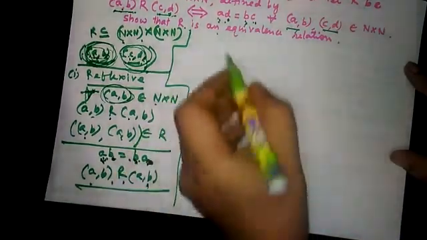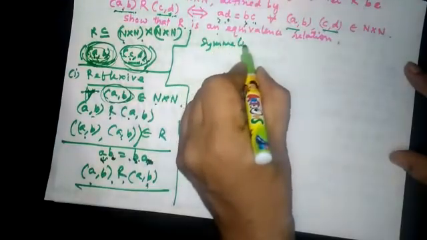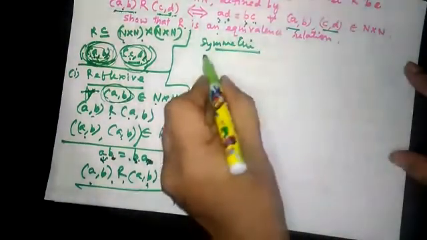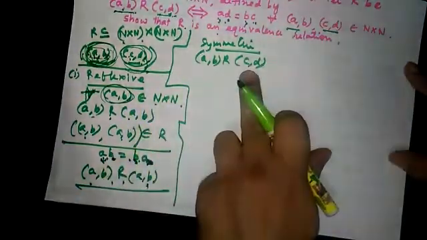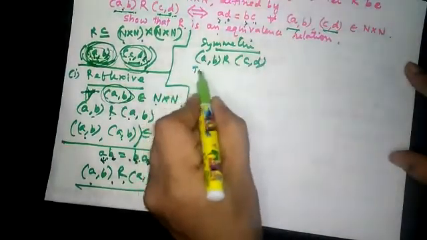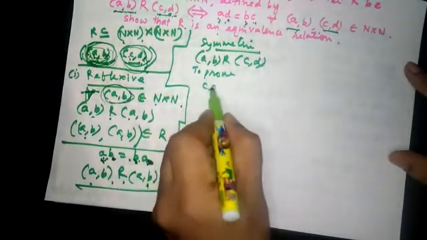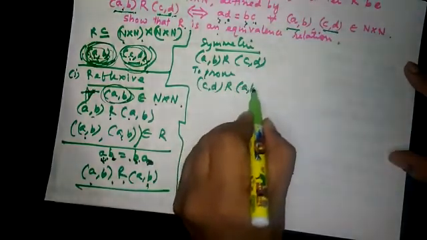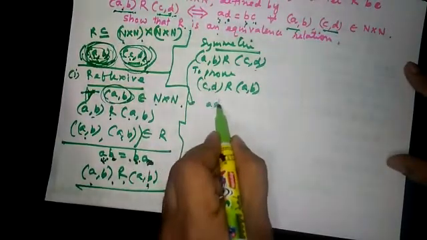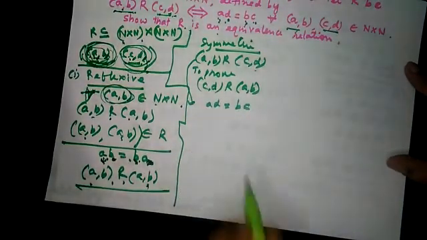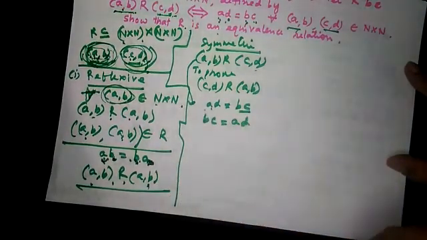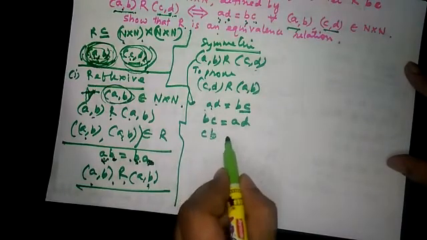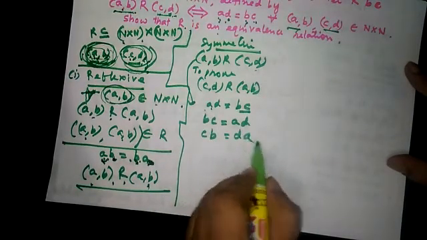Correct? Next, symmetric. To prove that R is symmetric, what I have to do is, for AB related to CD, prove CD is related to AB. AB related to CD, from this I can write AD equals BC. Bring this to this side and this to this side: BC equals AD, or let me write this as CB equals DA. I'm doing adjustment, nothing but adjustment, so that I can use this property.